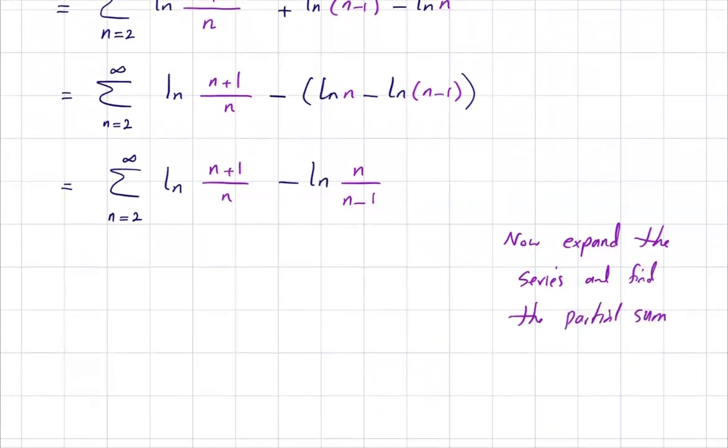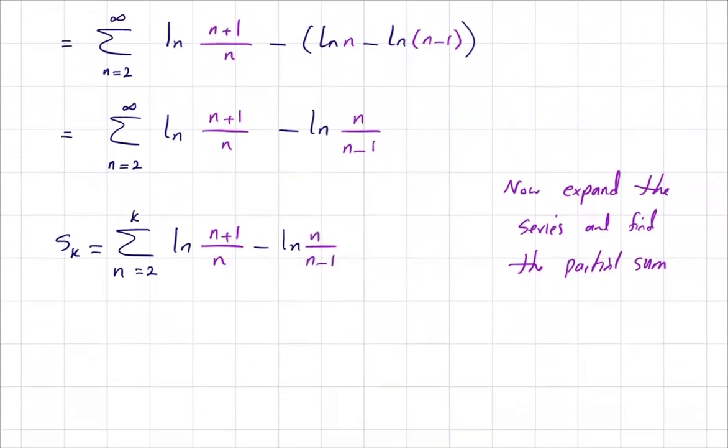So S sub k is equal to the summation, n starts at 2, stops at k, of ln of n plus 1 divided by n minus ln of n over n minus 1.